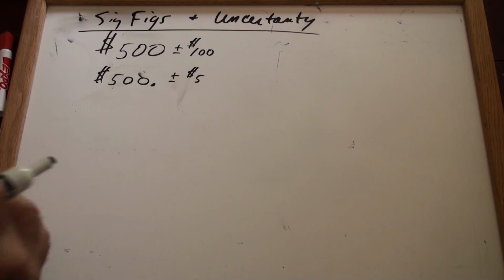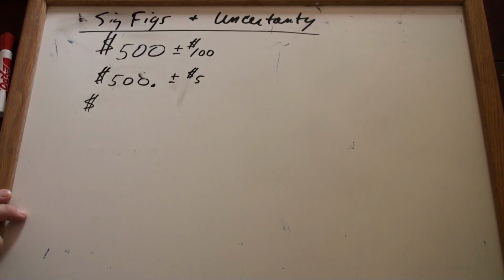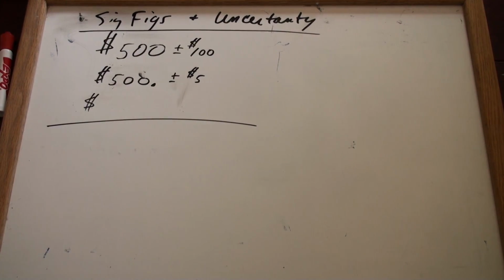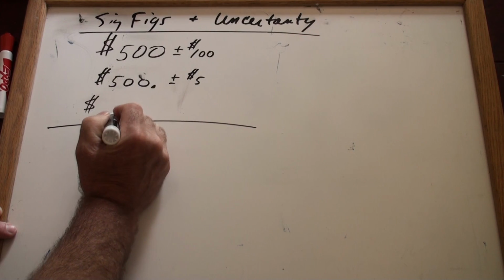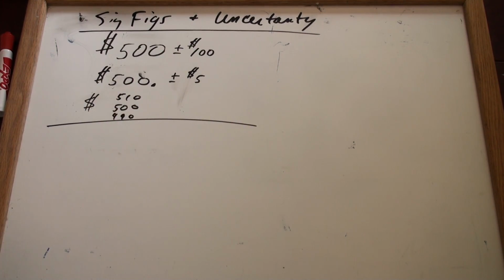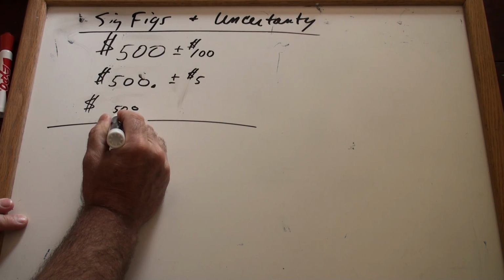All right, now comes the real crazy stuff. And this is where you might want to pause the tape and see if you can figure this out. What if I said that I had $500 in my pocket, but I had $10 bills? So that means it might be 500 bucks, but it might be 490 bucks, or it could be 510 bucks. How do you do sig figs in such a way where everybody knows that the guess is at the tens place?